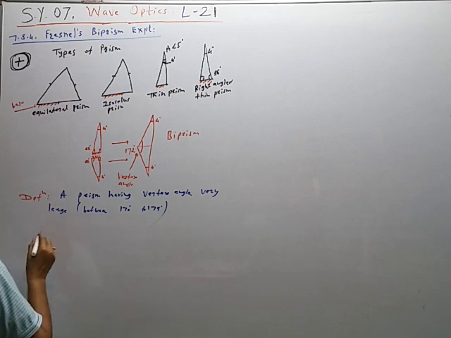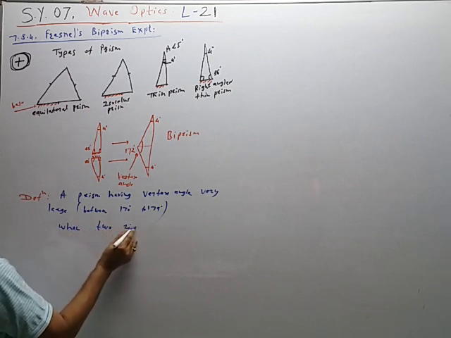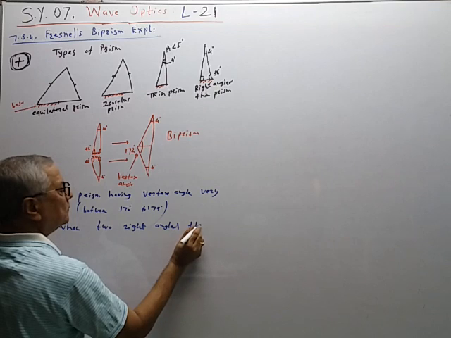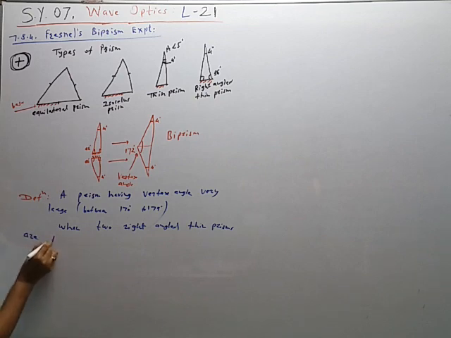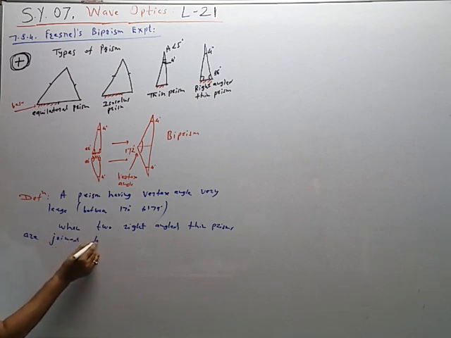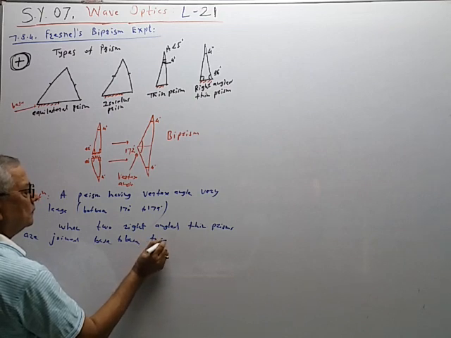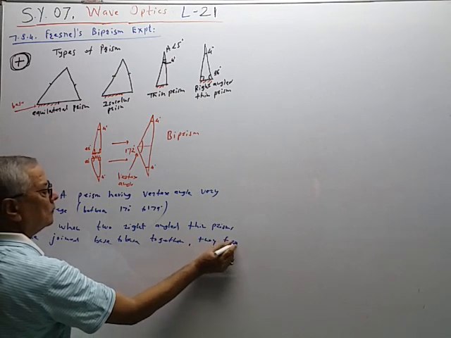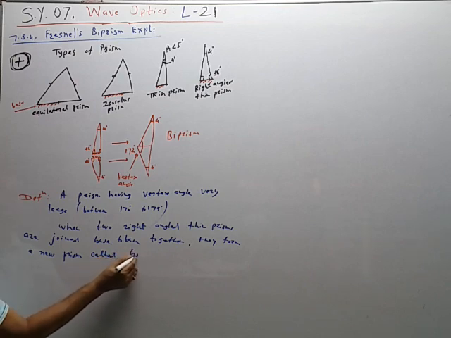So when two right angled thin prisms are joined base to base together, they form a new prism called biprism.